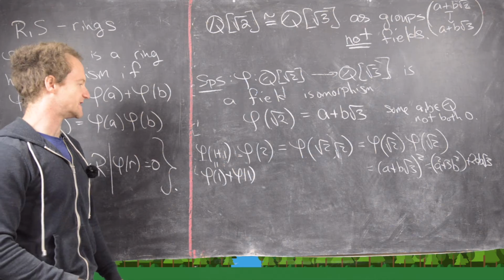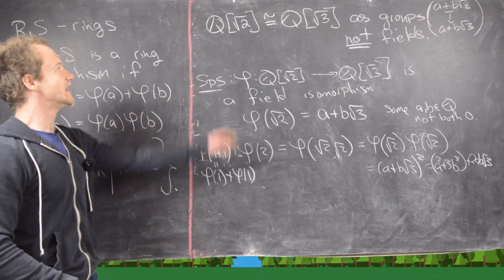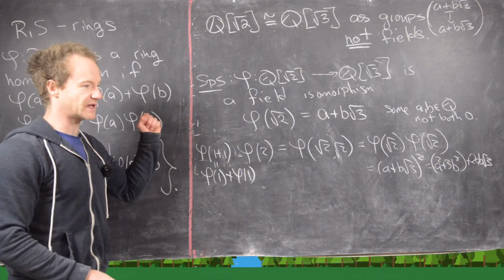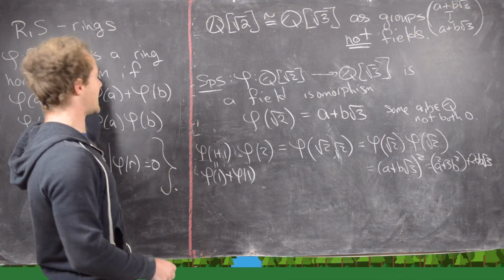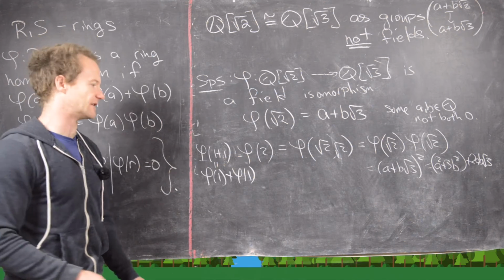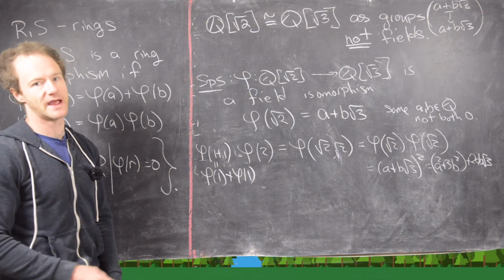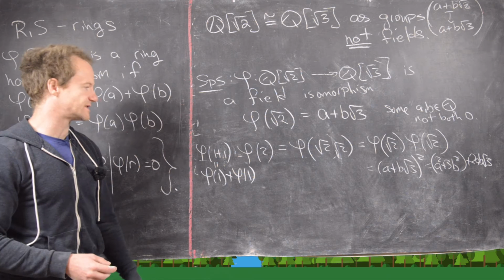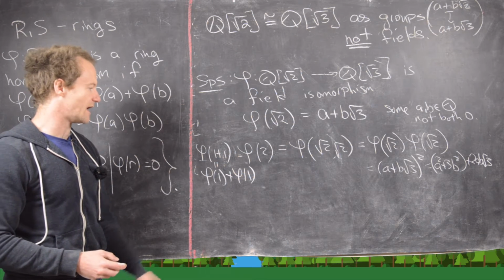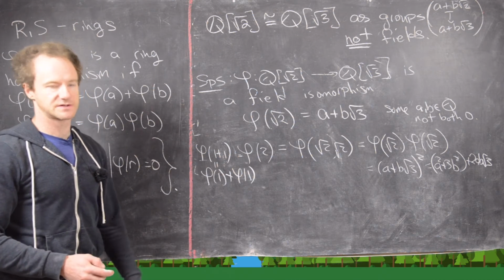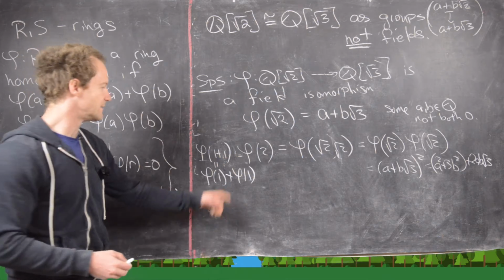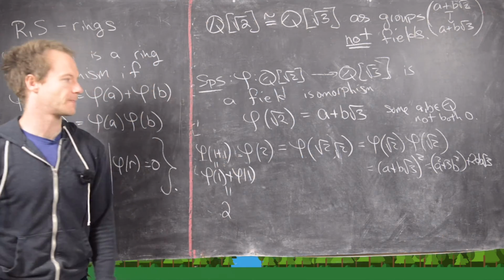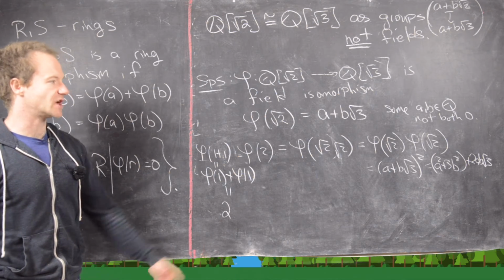And then another thing that's easy to check is that if you have two rings with a multiplicative identity, then the multiplicative identity in the domain has to be sent to the multiplicative identity in the codomain. So I won't check that, but that's easy to check. So notice that 1 is the multiplicative identity in the domain, and 1 is also the multiplicative identity in the codomain. So this thing is actually just 1 plus 1, which is equal to 2. Okay, now we're good to go.